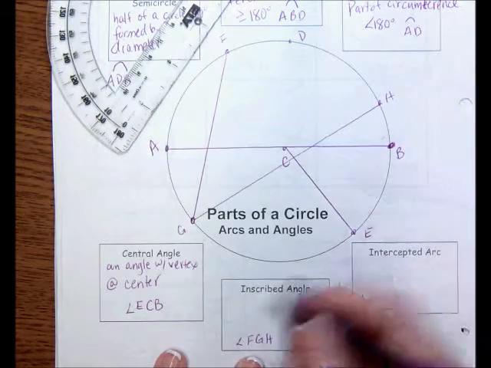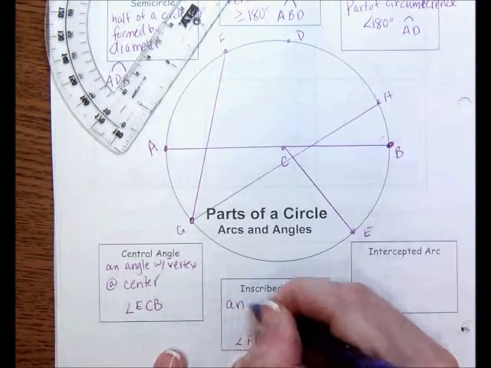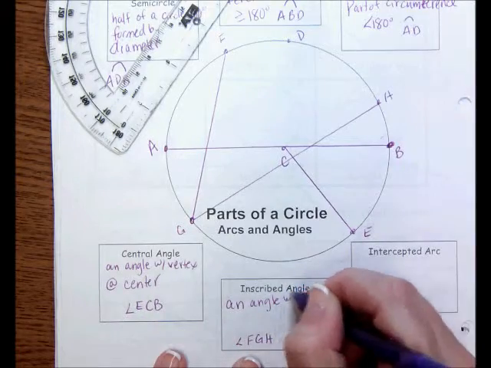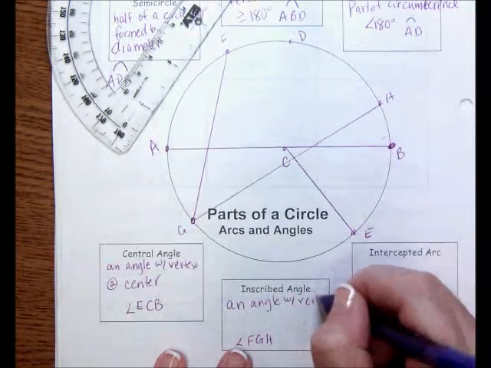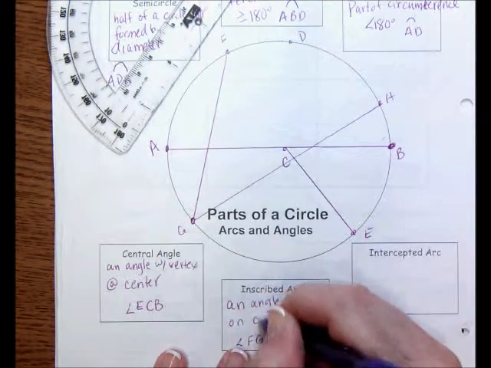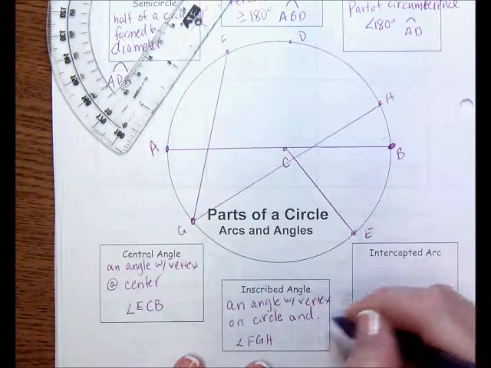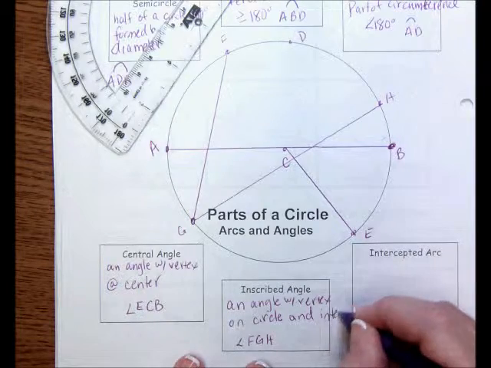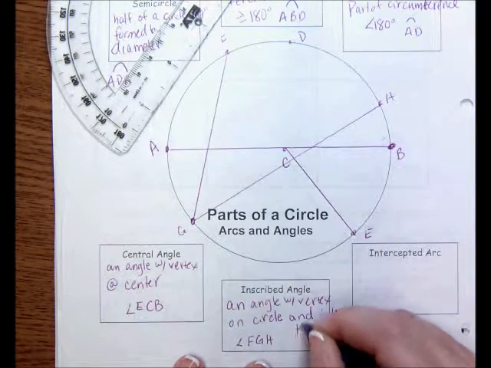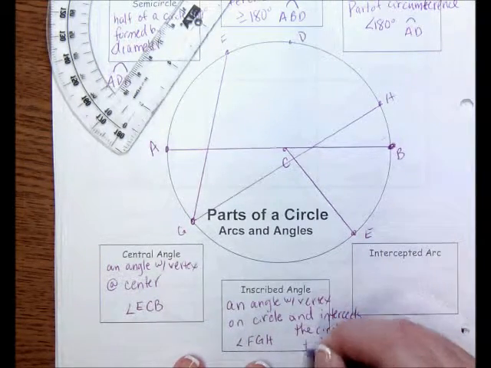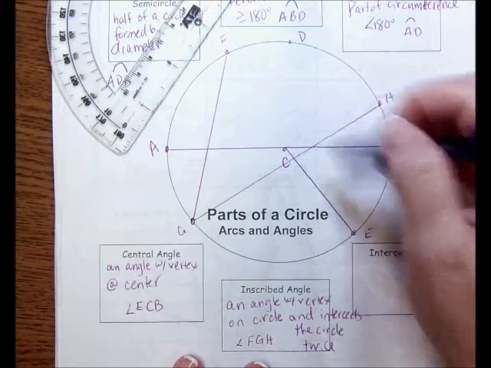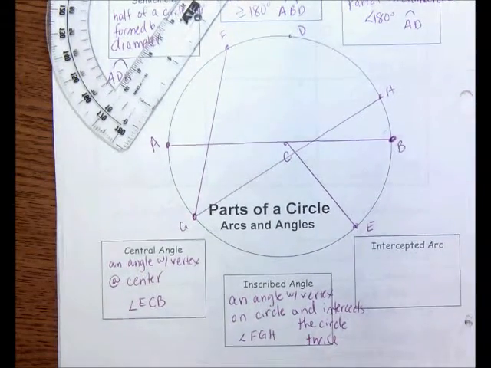G is on the circle. So it's an angle with the vertex on the circle that intersects the circle twice. Okay, and notice the central angle also intersects the circle twice.